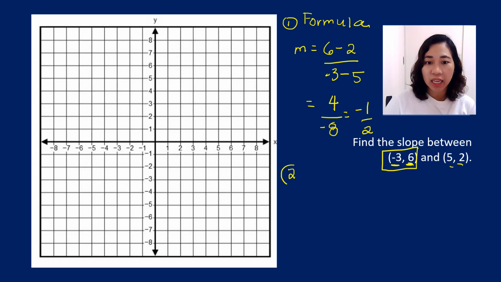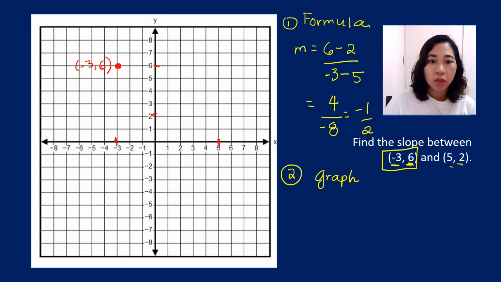Next, graphically, using a graph, let us plot the points. This is negative 3, 6, so that is my point. And then 5, 2.